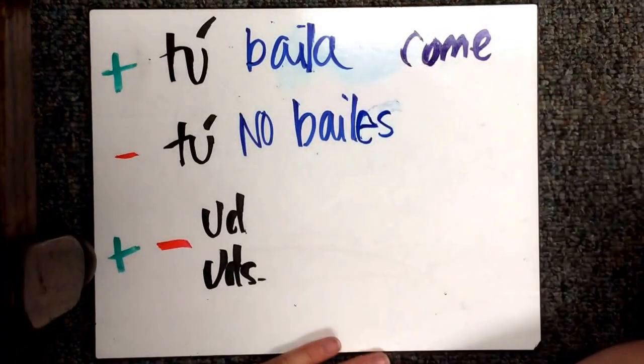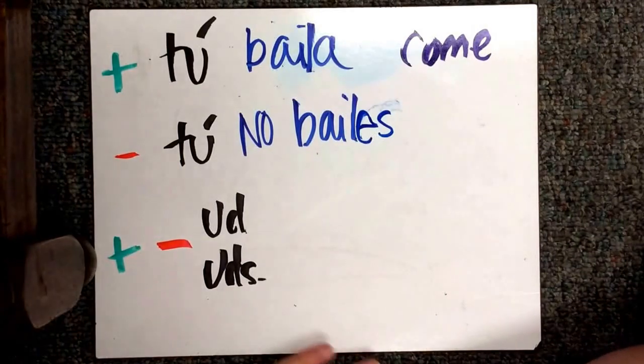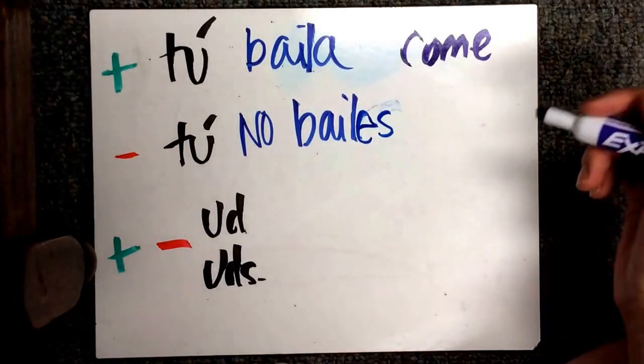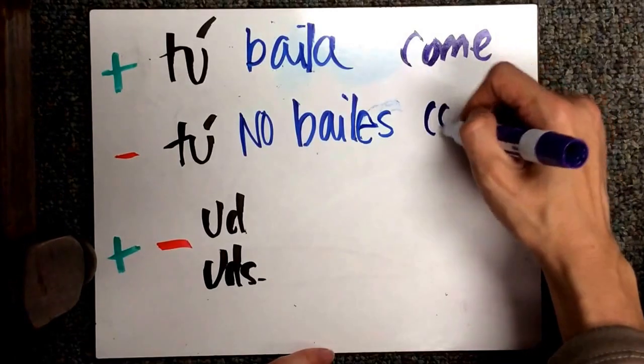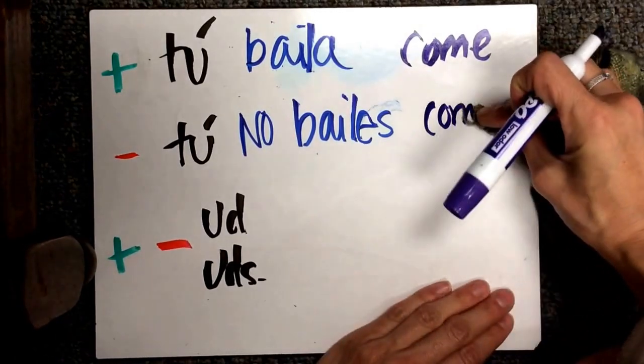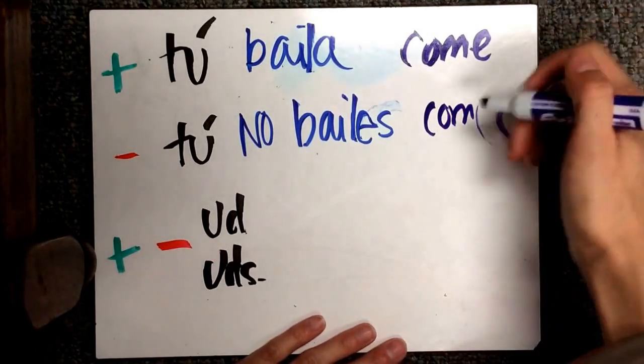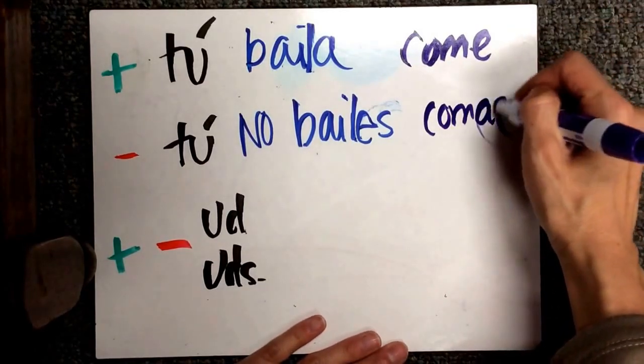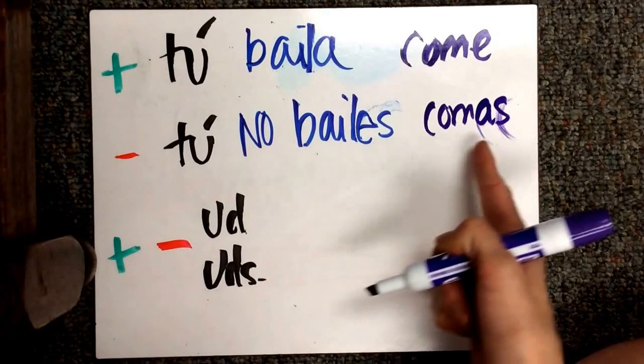So, no bailes. For an ER verb, you do the same thing. You put it in the yo form. So we have comer. We take off the ending, put in the yo form, drop the o, and add the opposite ending. No bailes, no comas.